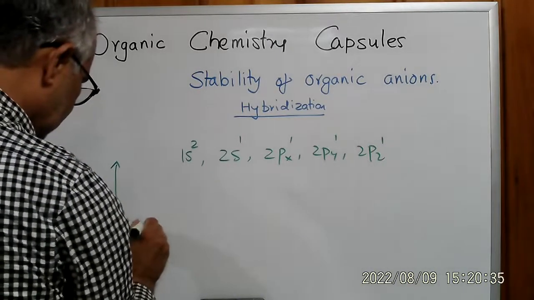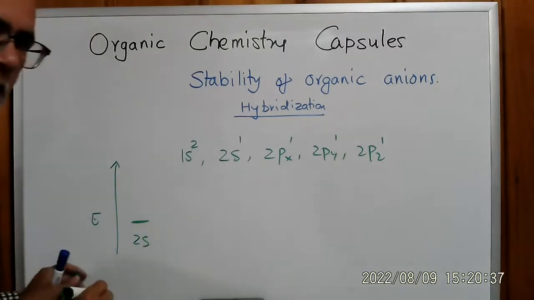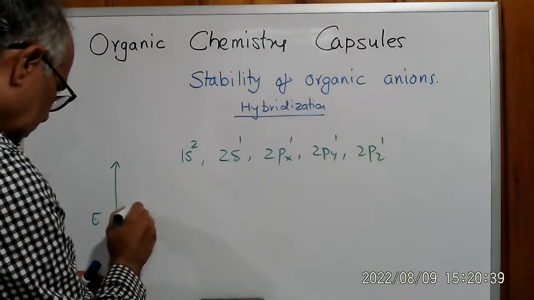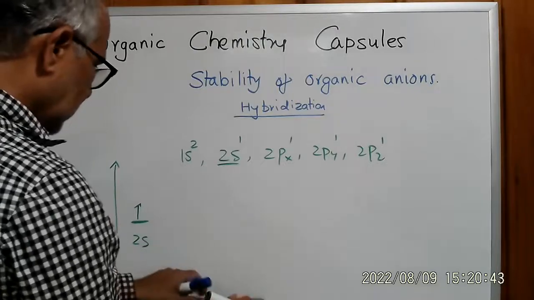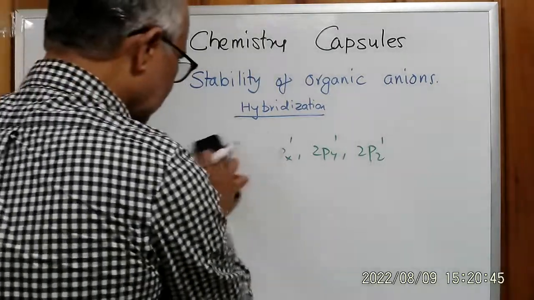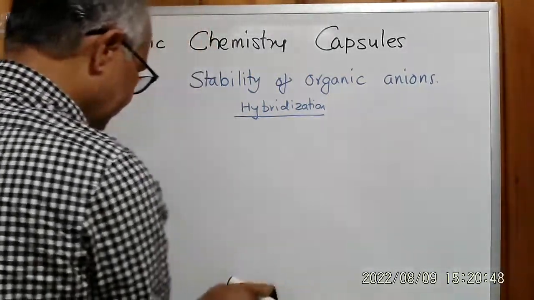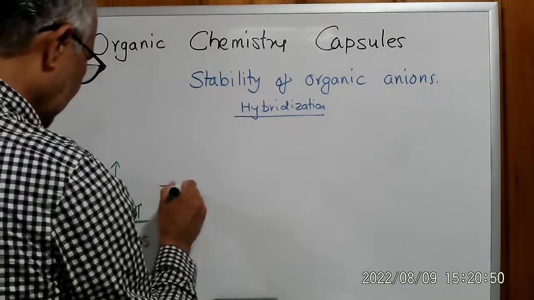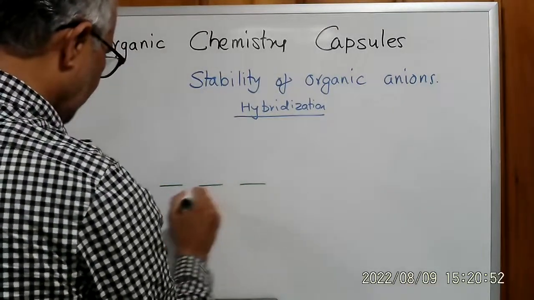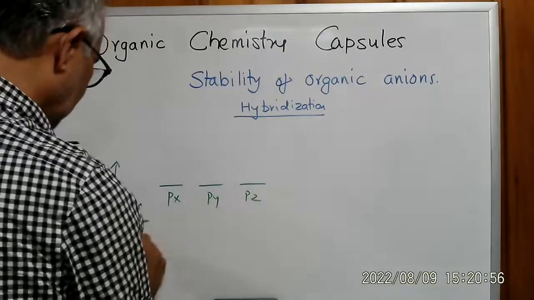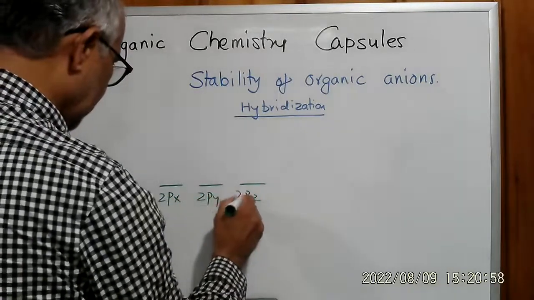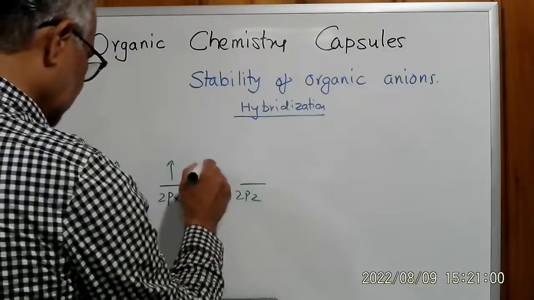Let's say the 2s shell is there, and there's 1 electron in the 2s orbital, and then there are 3 other electrons in the 2p, which are slightly higher in energy, the 2px, 2py, 2pz, and there's 1 electron in each.